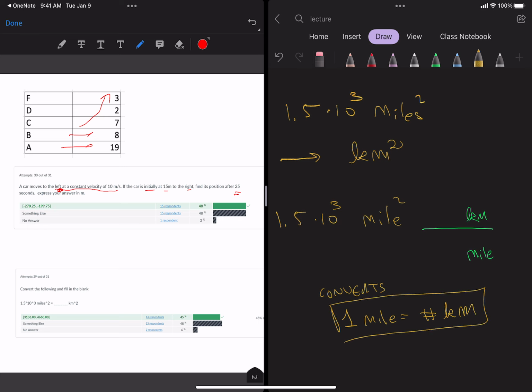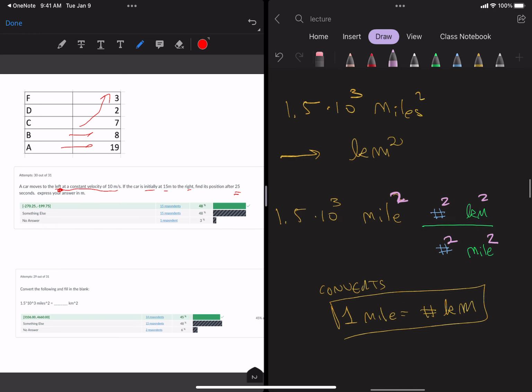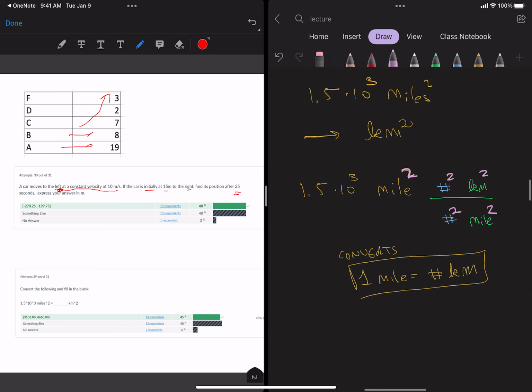And then you'll just put those numbers here. So whatever number you get for kilometers, and whatever number you get here for miles. And the only other thing is that you have to make sure that if there's a power of 2 here, then all of these numbers also have to be raised to a power of 2. And then you can do your conversion.